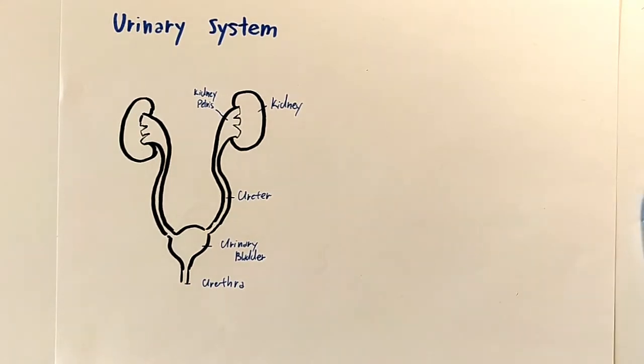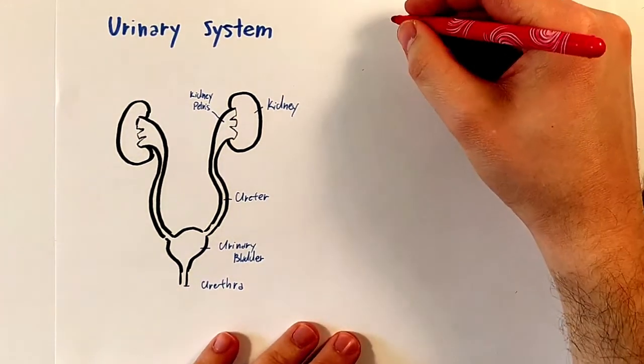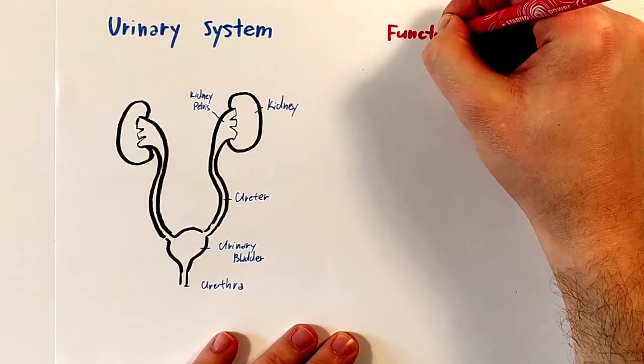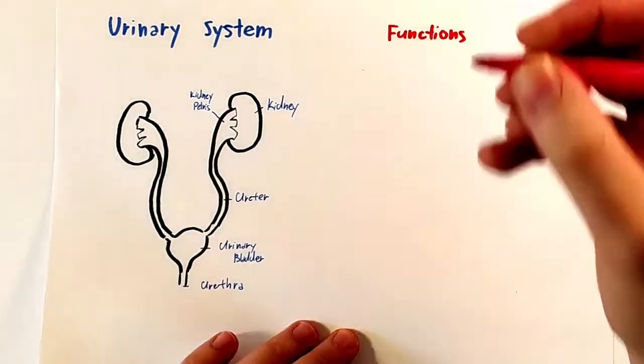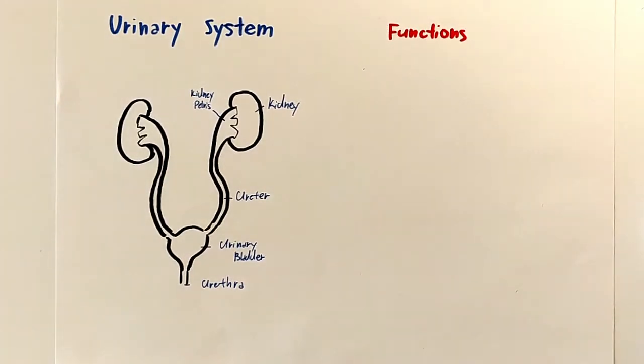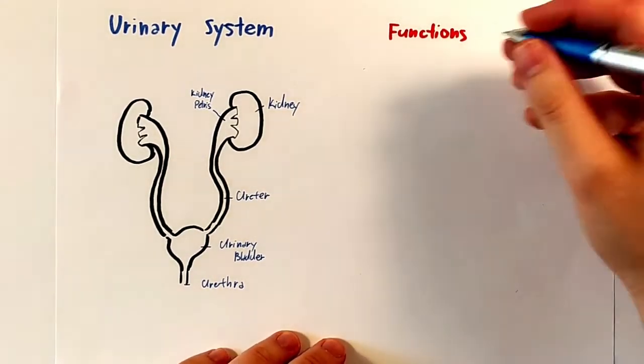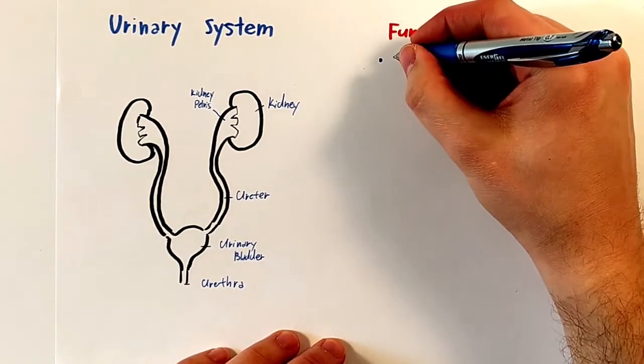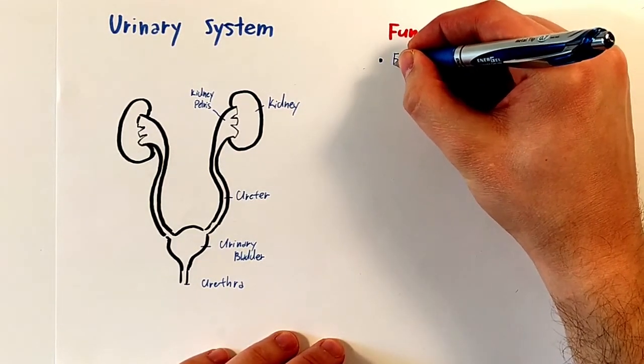So now, what are the functions of the urinary system? The first few, I'm sure you would guess. Firstly, it would be excretion of wastes.